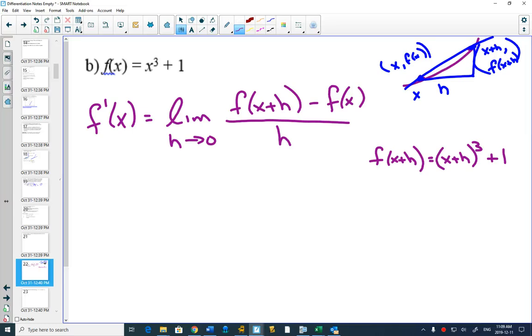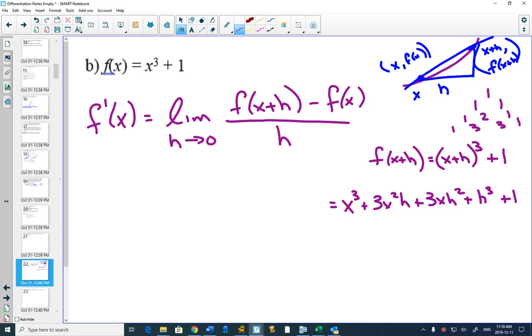Probably the shortest way to do this one would be, do you remember binomial theorem and using Pascal's triangle? This would have 4 terms, so it's going to equal x cubed plus 3x squared h plus 3xh squared plus 1h cubed, and then still plus 1 after that.